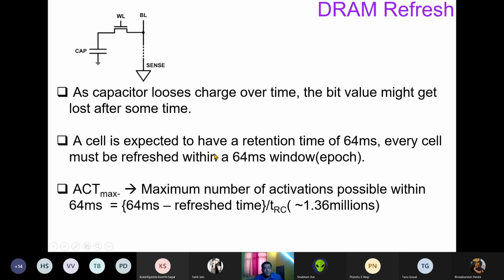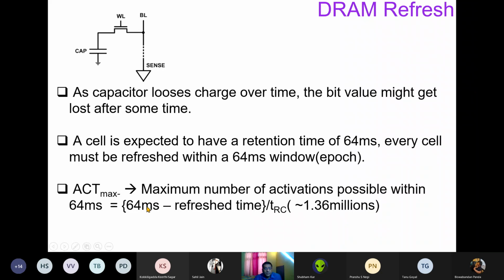Now the maximum number of activations that is possible within 64 millisecond. You can consider that a 16 GB memory will have 16 GB multiplied by 8 bit cells. If that many capacitors are charged, it will take some time.